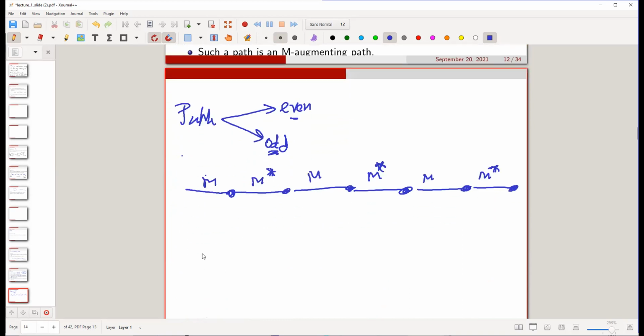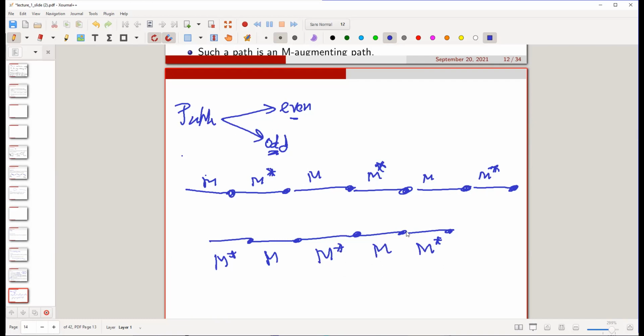In the odd length path, suppose we take an odd length path like this. We have to have the property that no two consecutive edges belong to the same M or M prime. So that means there will exist one path that looks like this, where M star has one more edge than M in this path.